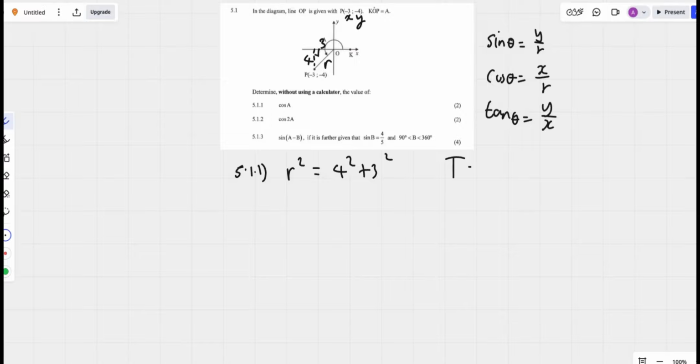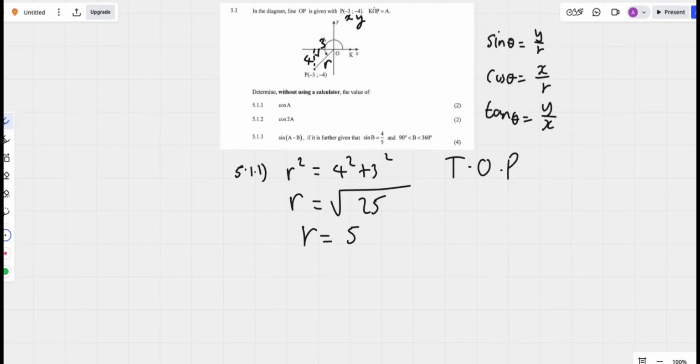That's the theorem of Pythagoras. The reason why we add them up here is because we are finding the hypotenuse. If we are finding either of the other two sides, we'll subtract from the hypotenuse. Okay, so then we can just say r is equal to the square root of 16 plus 9, which is 25, and therefore r will equal 5.